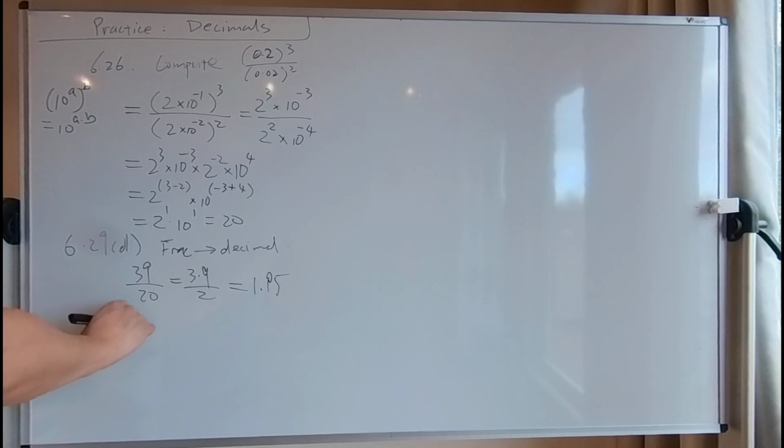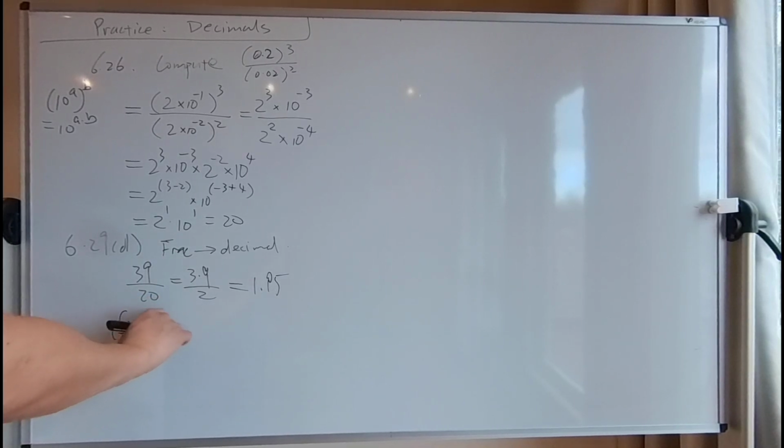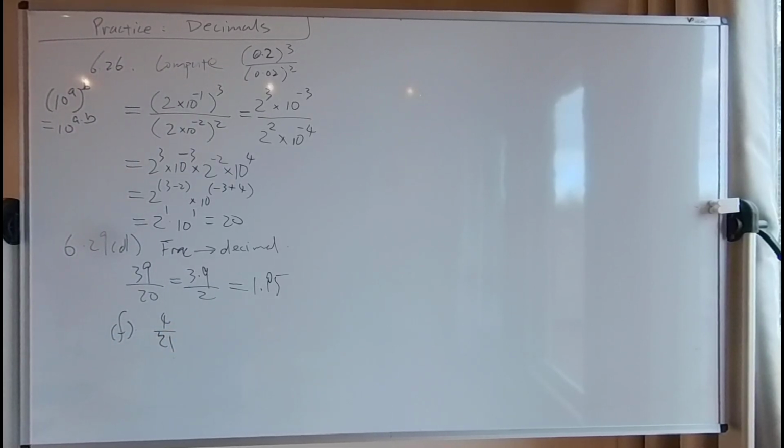Or a more complicated one, 4 over 21. So 4 over 21, first of all, there's no common factor to further cancel out or to further simplify this fraction. This is also a fraction that is already less than 1.